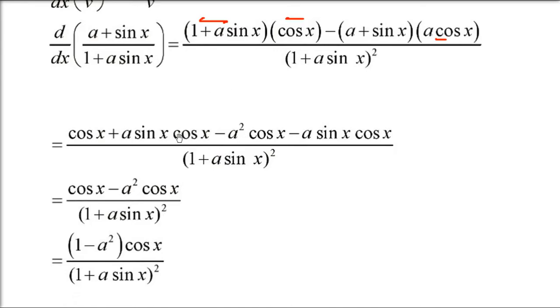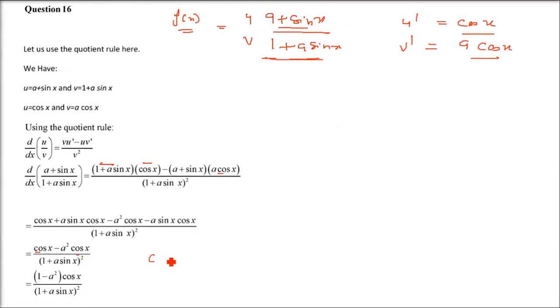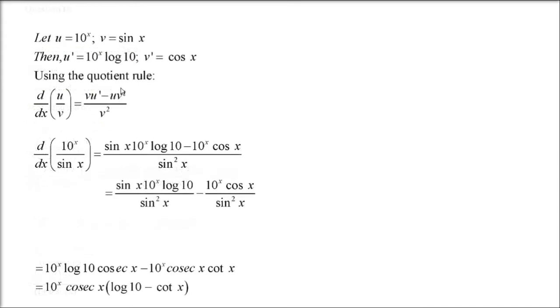When you multiply it, you will see a sin x cos x and a sin x cos x will be the same, with a negative sign, so you can just cancel it out. Cos x minus a square cos x will remain. Now you can just take cos x common. So when you take cos x common, it will be 1 minus a square, and you have in the denominator 1 plus a sin x whole square. This is the final answer of the 16th one.